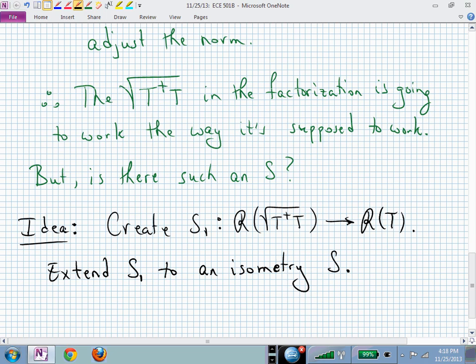to form S. So S we're going to sort of break into two pieces.